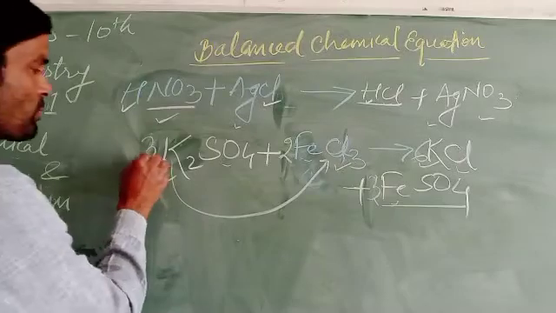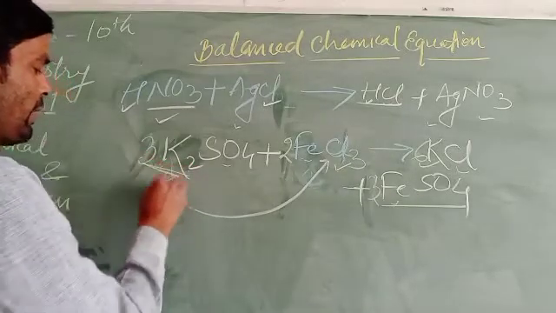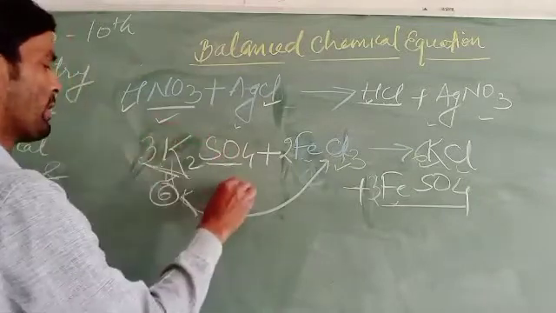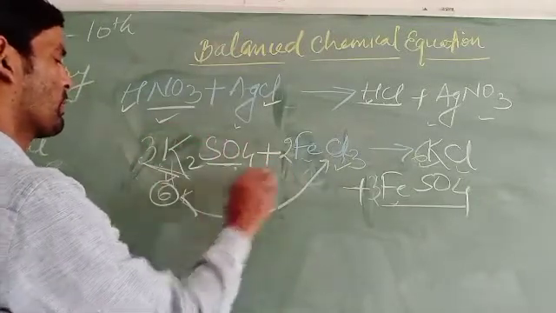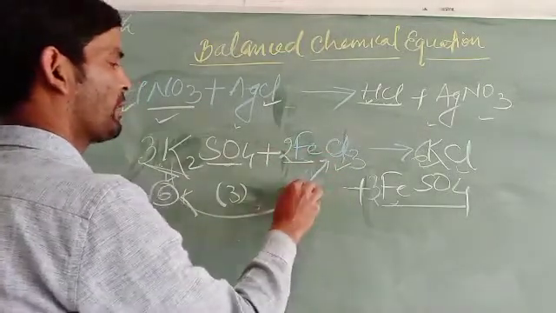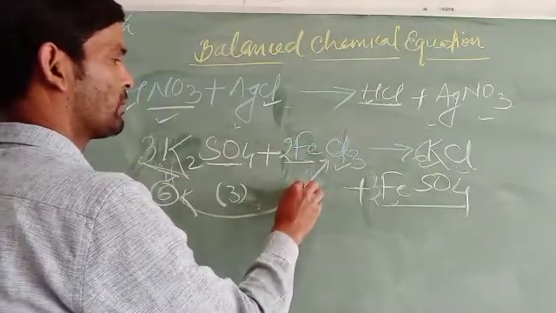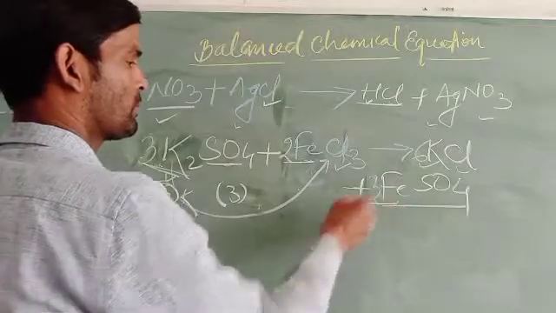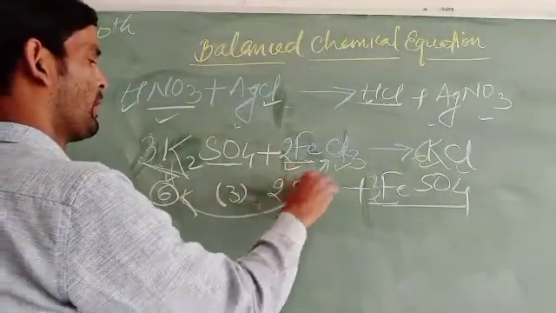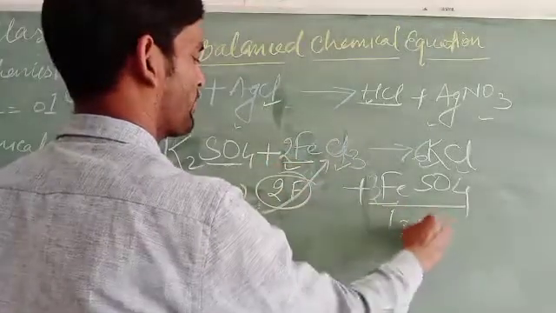Here is 3K, that is 6 molecules of K, SO4 multiplied by 3, SO4 having 3 molecules, Fe having 3 molecules. 2 molecules of Fe are here and 3 molecules of Fe are here.